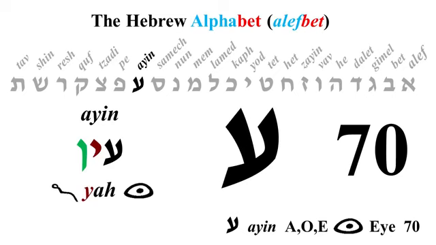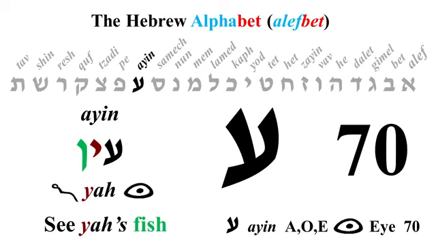And the nun, its picture is a fish. And the yod, although its picture is a hand, Yod stands for Yahweh, right? So this could be interpreted as see Yahweh's or see Yah's fish.